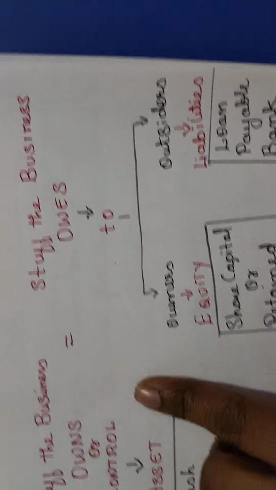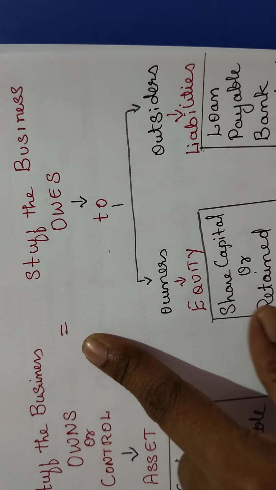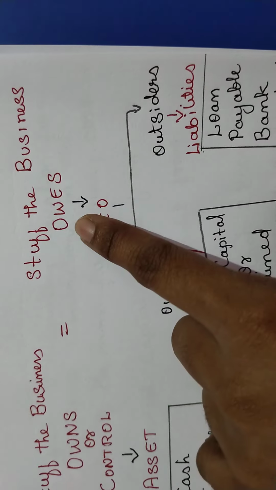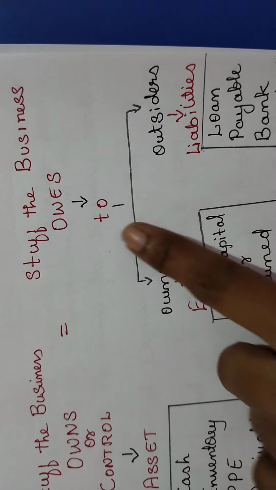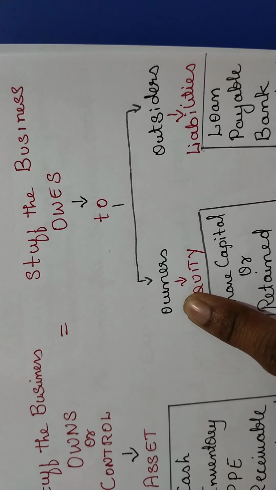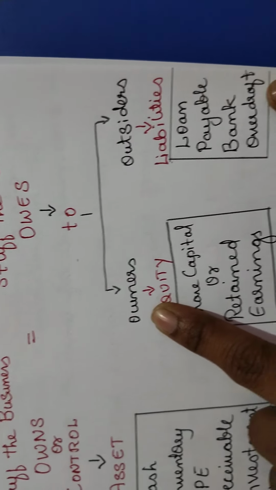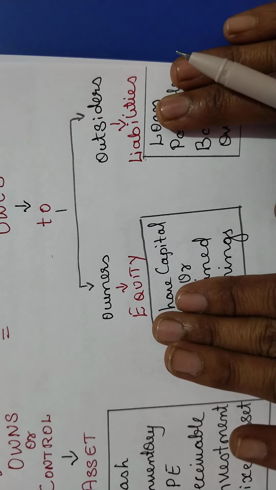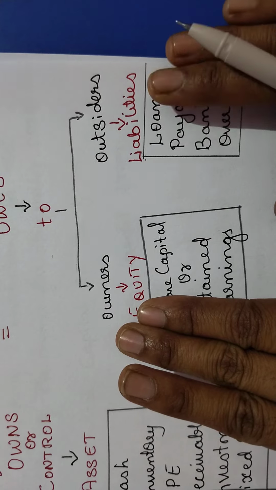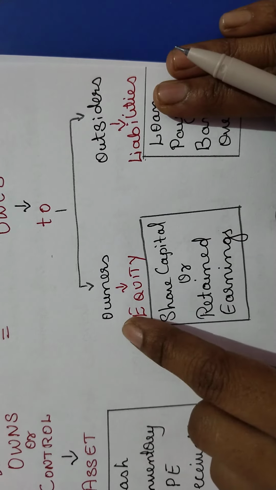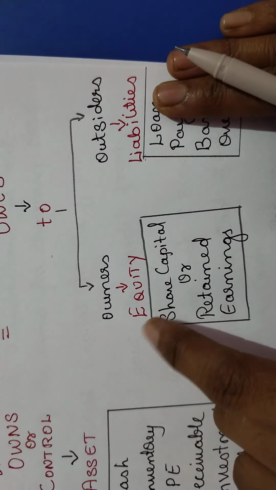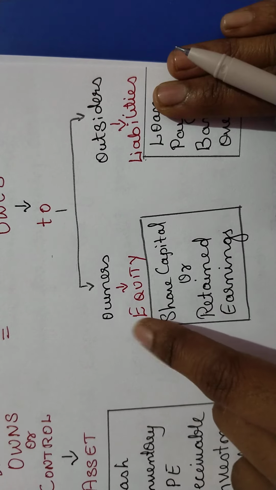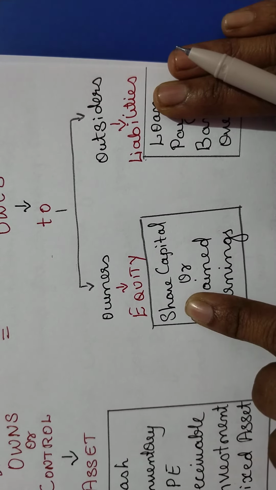Now, your assets are equal to the stuff the business owes to owners and outsiders. Under liability, it has been classified into two: owners and outsiders, because the owner raises the funds, equity, through issuing shares.